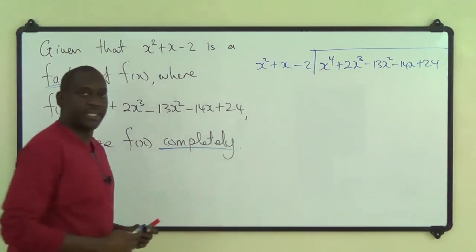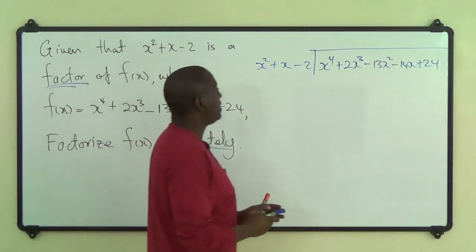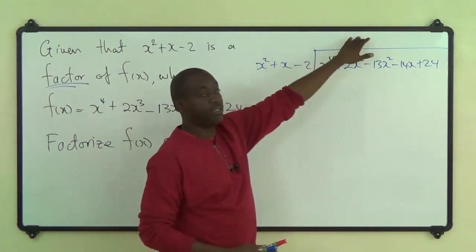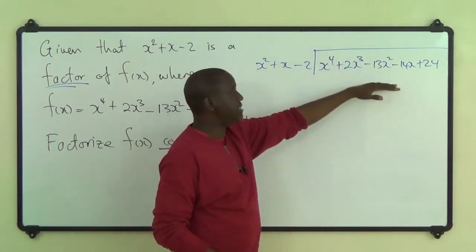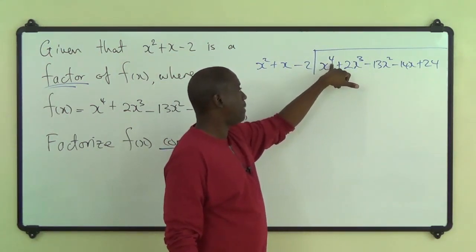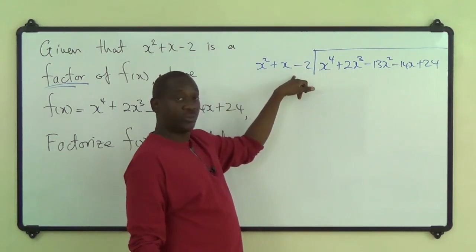Whereas in the previous videos we would have divided a quadratic by a linear to get another linear on top, in this case we divide a polynomial of degree 4 by a polynomial of degree 2.